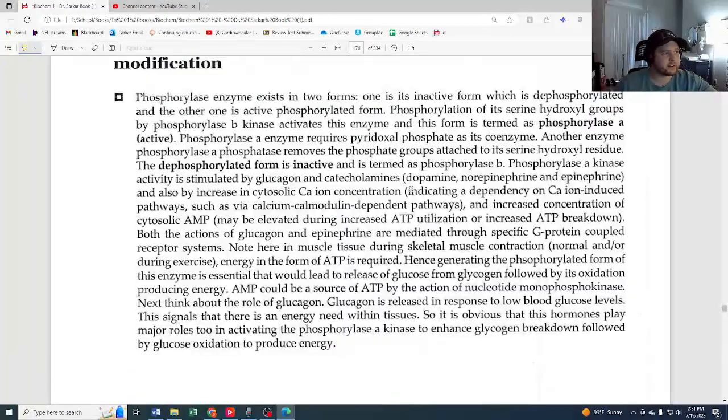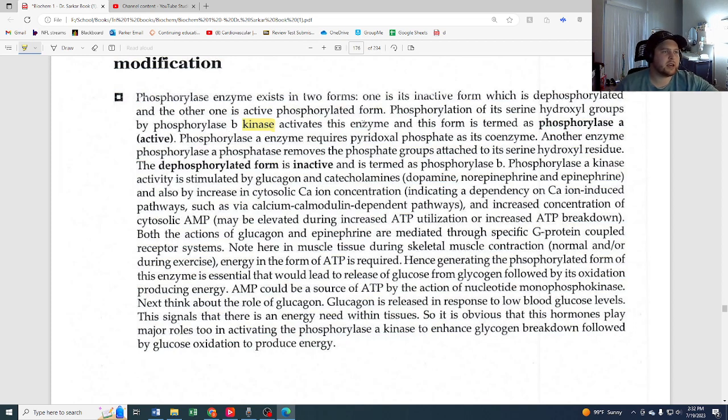So let's dive in. The phosphorylase enzyme exists in two forms. One is the inactive, dephosphorylated form, and the other is the active, phosphorylated form. Phosphorylation of its serine hydroxyl groups by phosphorylase B kinase, most likely a kinase as I said, activates this enzyme. So phosphorylase B is the inactive form, and phosphorylase A is the active form.